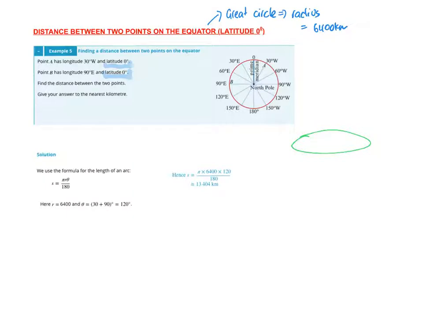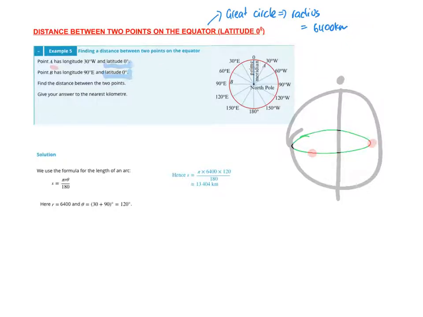All right. Now they said that point A is 30 degrees west. So if I had the whole world there, and that's the prime meridian here, 0, A is out west, so it's along there, and B is 90 degrees east, so it's out here.